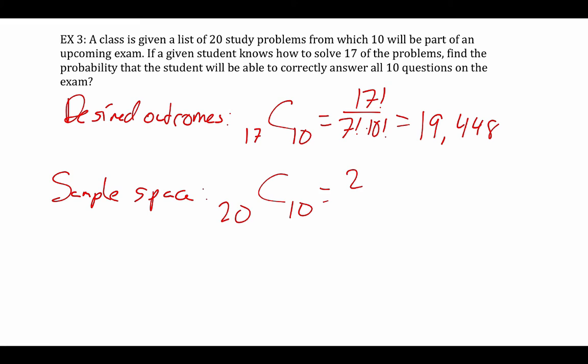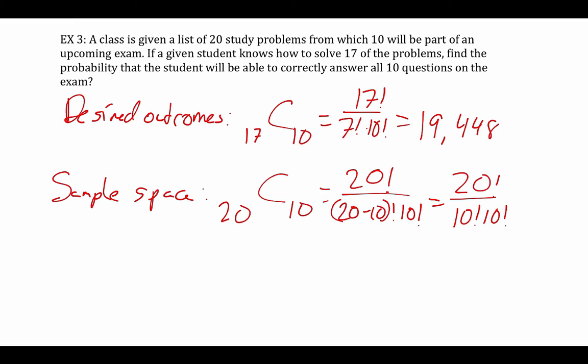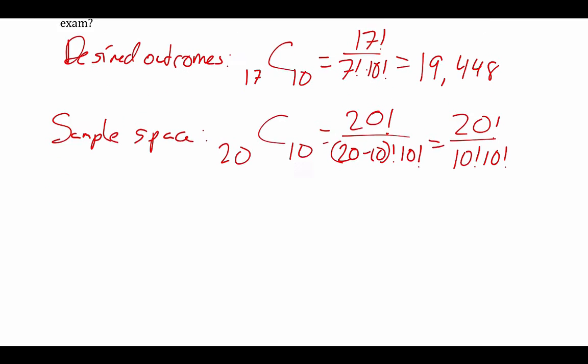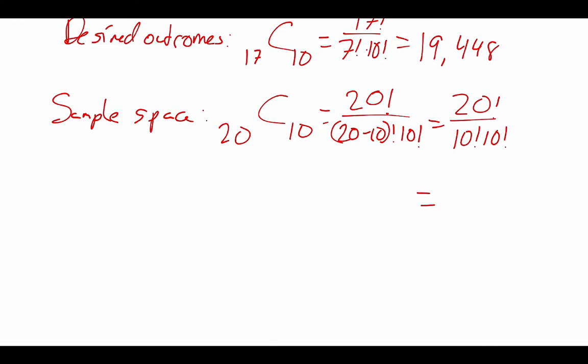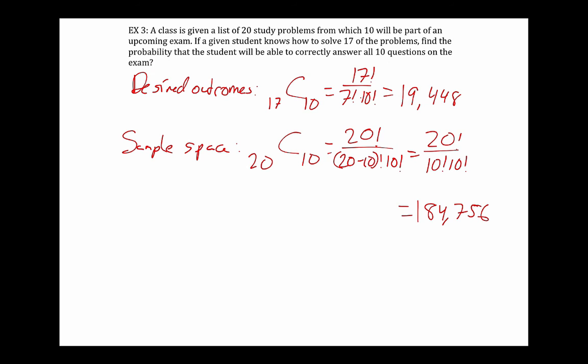We've got 20 factorial over 20 minus 10 factorial times 10 factorial, which simply put is 20 factorial over 10 factorial times 10 factorial. You can do it by hand, cancel out as much as you want, but in the end you end up with 184,756 total different ways.